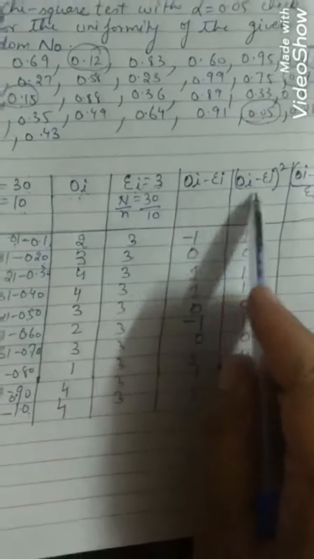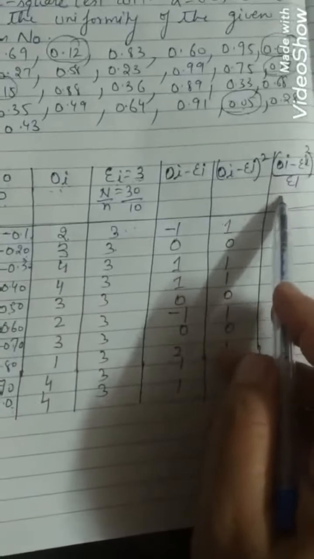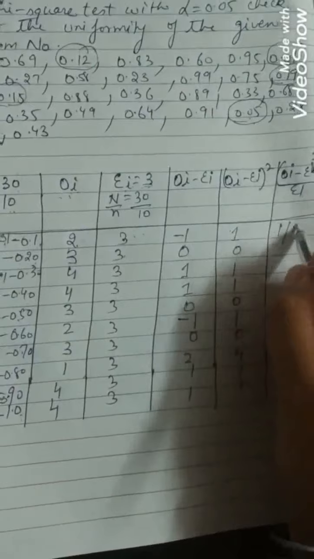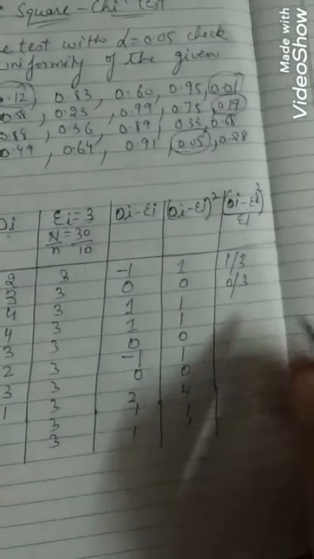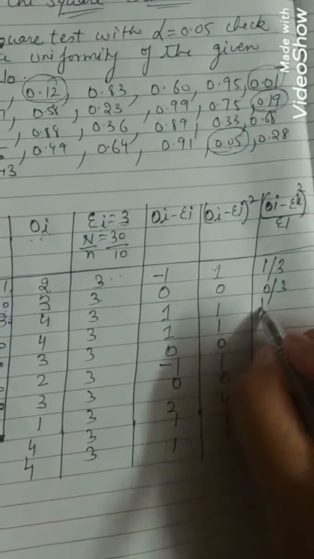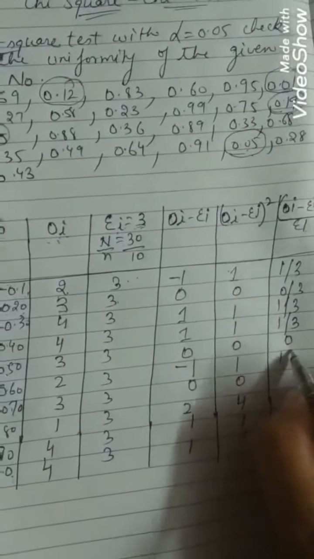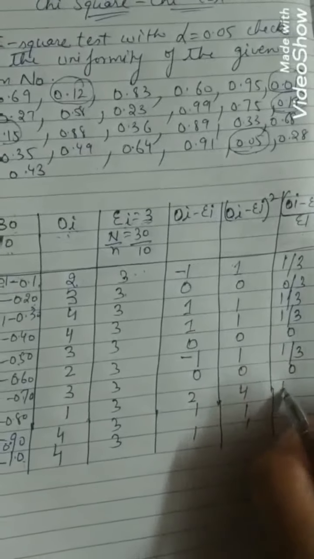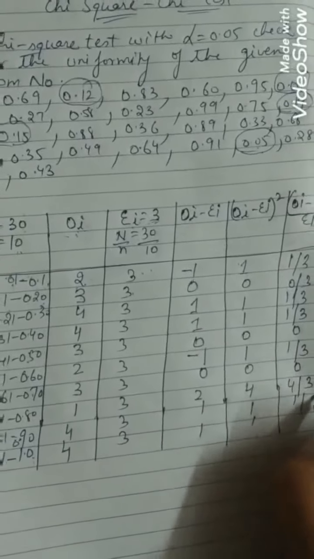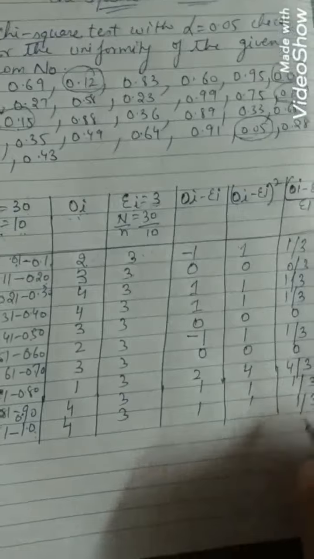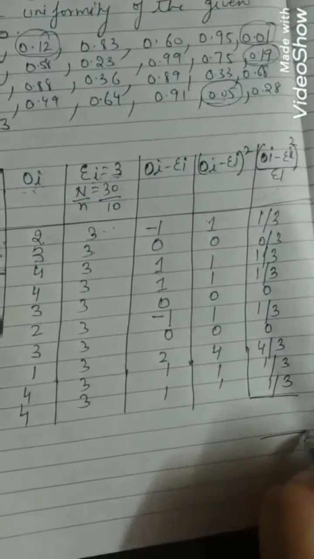Now (Oi minus Ei)² by Ei means 1 by 3, 0 by 3, 1 by 3, 1 by 3, 0, 1 by 3, 0, 4 by 3, 1 by 3, and 1 by 3.